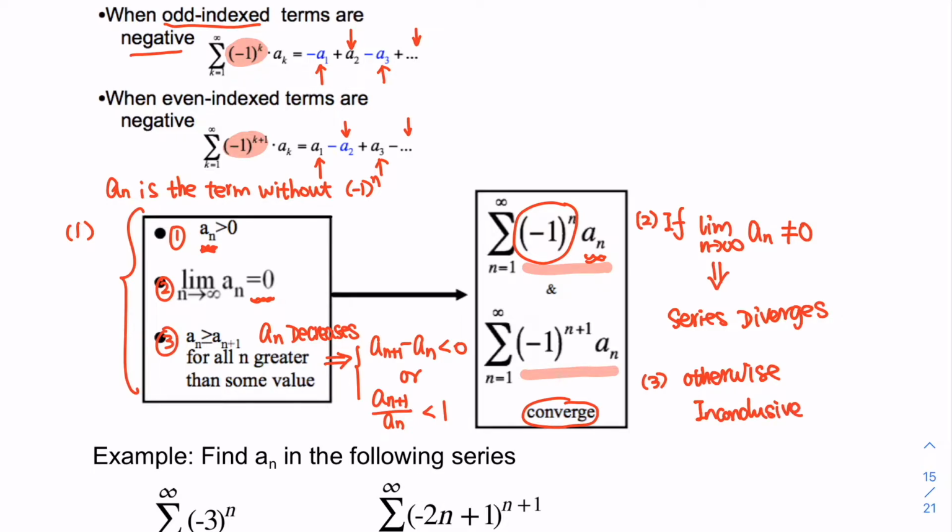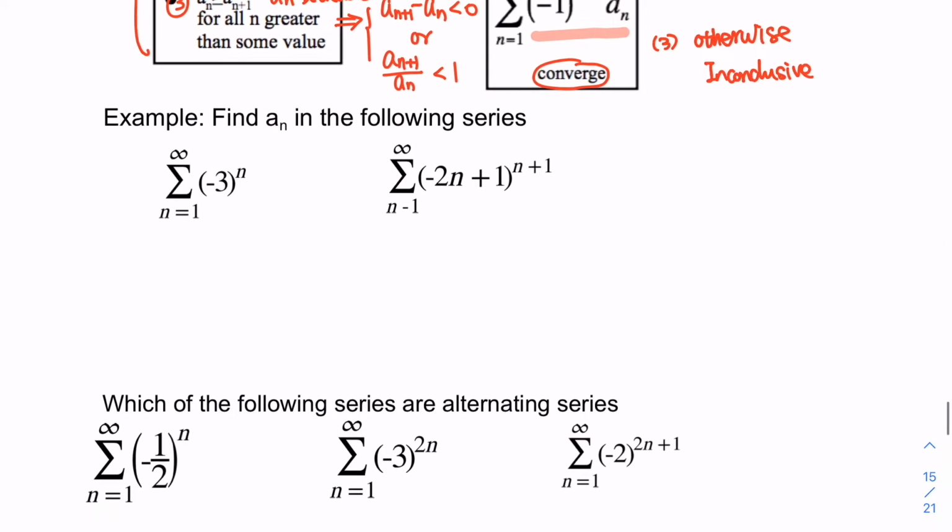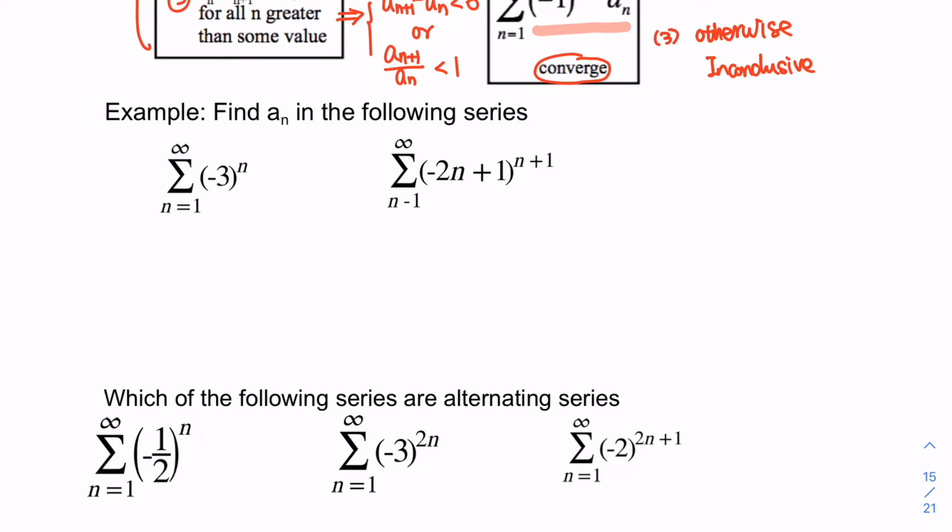Before we apply the alternating series test, we have to make sure it is an alternating series, and identify what a_n is. For example, find a_n in the following series. We have to change the form into our standard form.